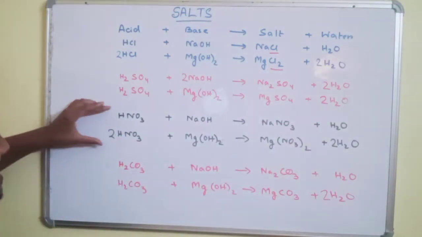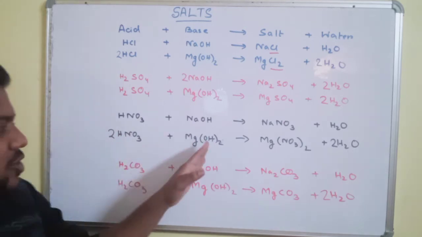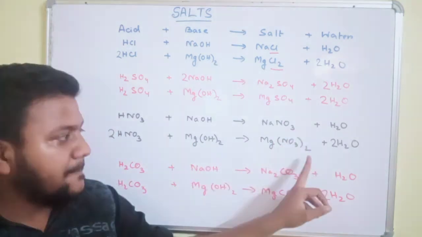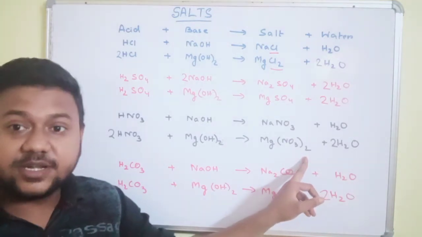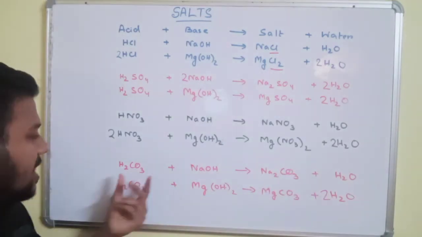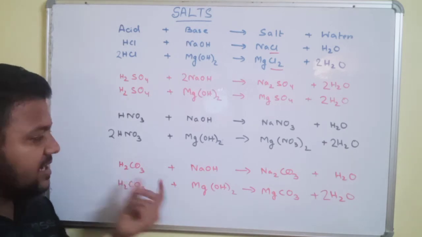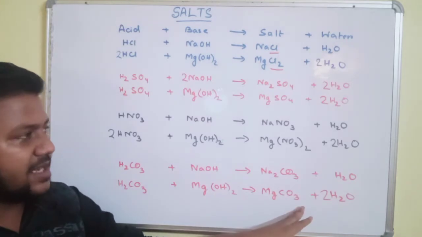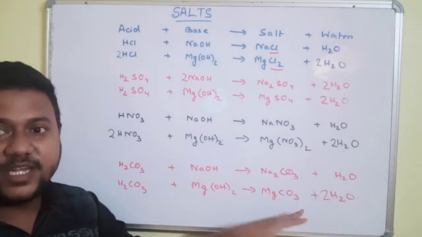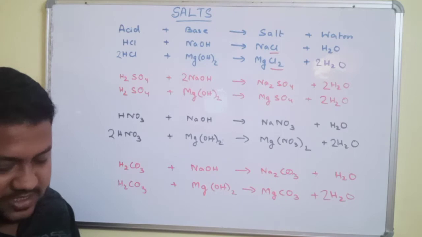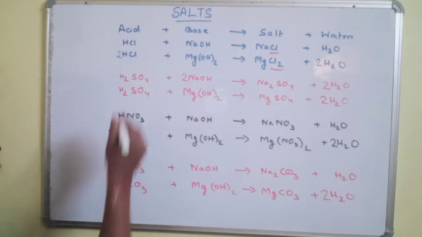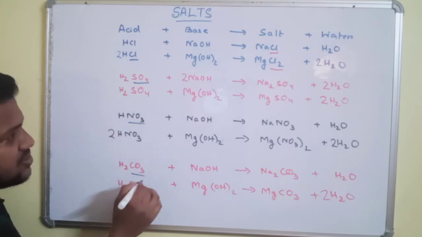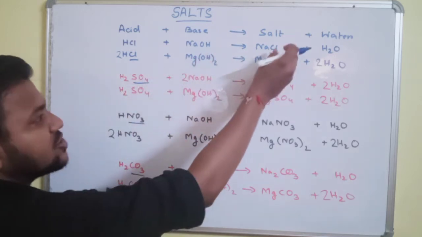And when we take nitric acid, we see the reaction with bases to obtain sodium nitrate, magnesium nitrate, nitrate salts. Moreover, when carbonic acid reacts with bases, they give sodium carbonate and magnesium carbonate. So it is clear from the observation that this particular chloride, sulfate, NO3, CO3 is coming in the salt.